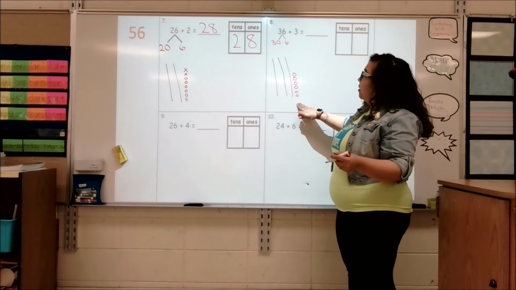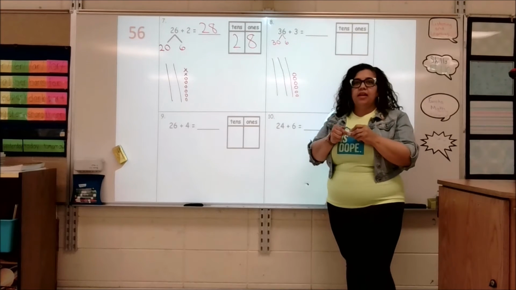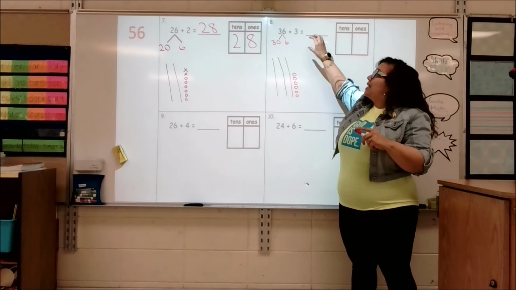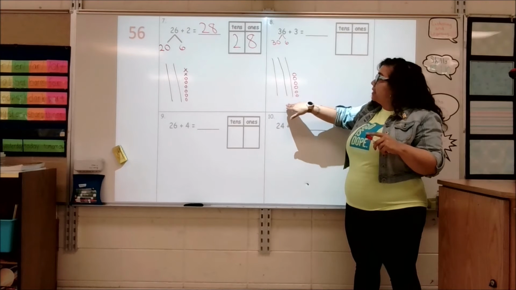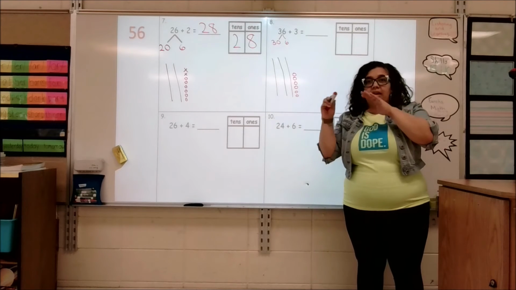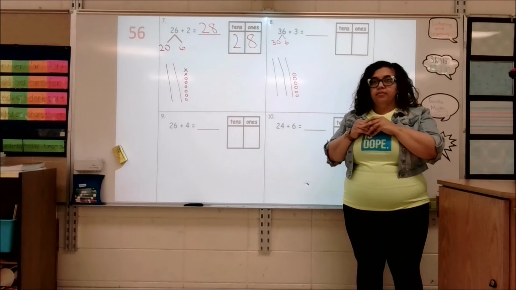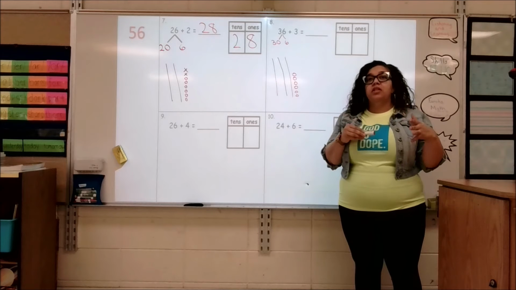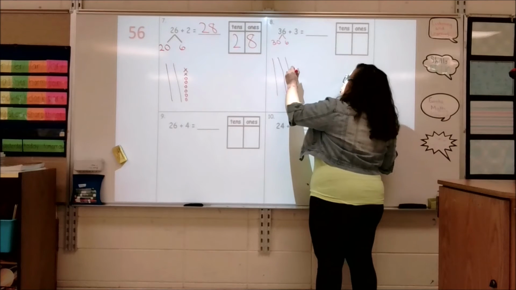Counting by tens, counting by ones. What is the second part in this problem? 3. So let's add 3. So 36 and 3. What did we say we're going to represent the second part with? X's. Remember, we changed the shape to show it's a different part.